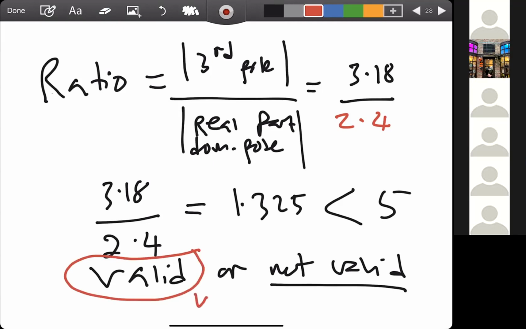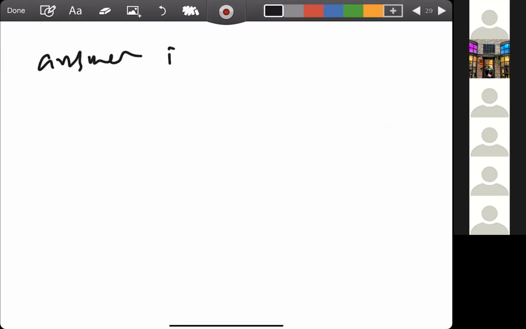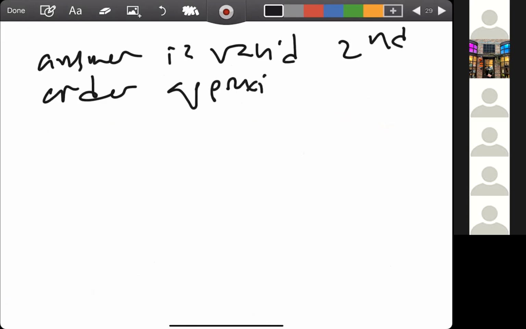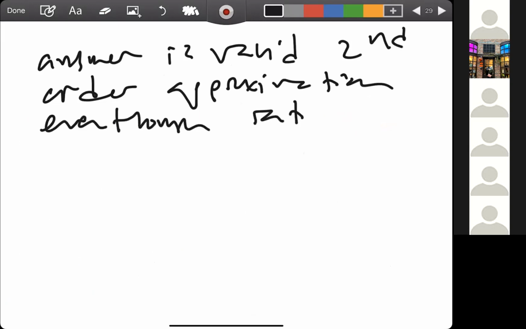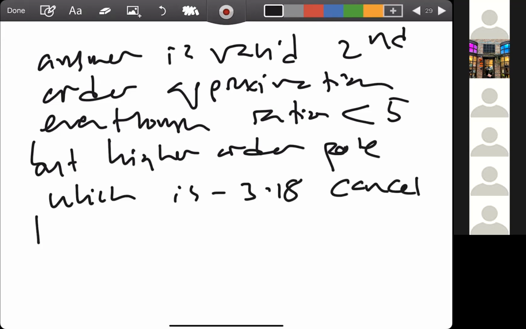Okay, valid. Why? The answer is valid, the second order approximation, even though the ratio is less than 5, because the higher order pole, which is minus 3.18, cancels the closed loop zero at minus 3.